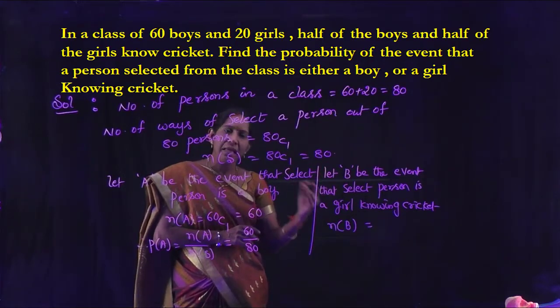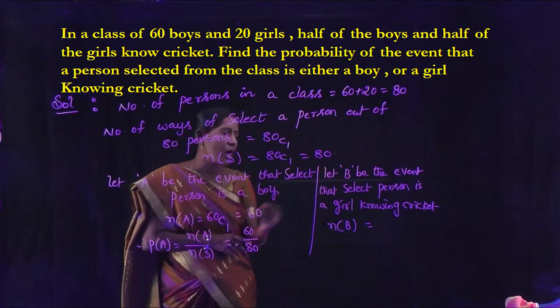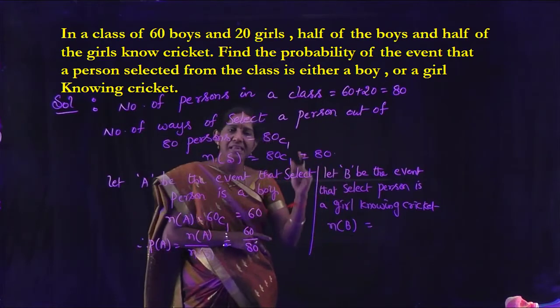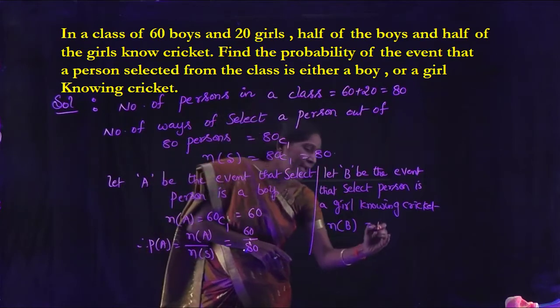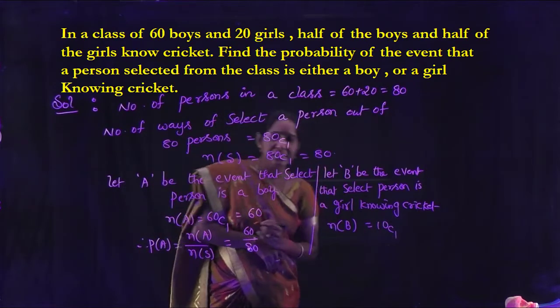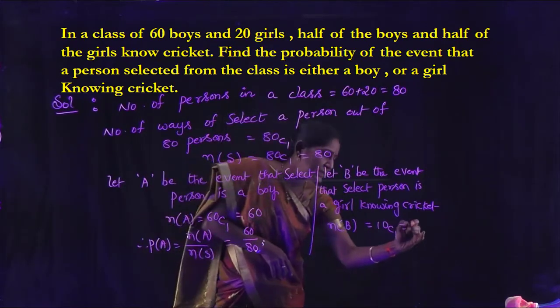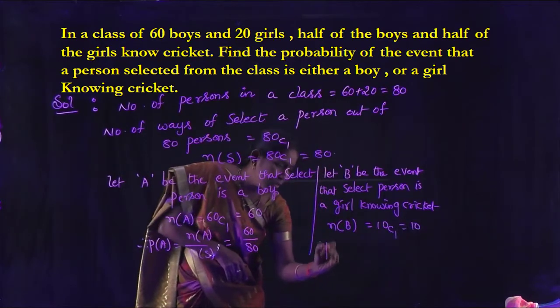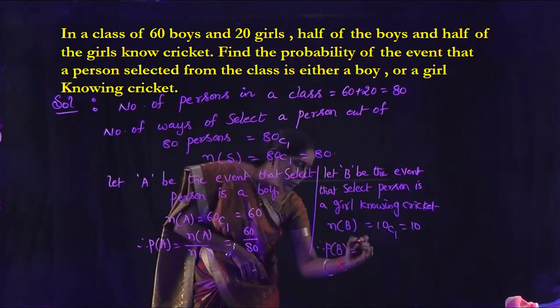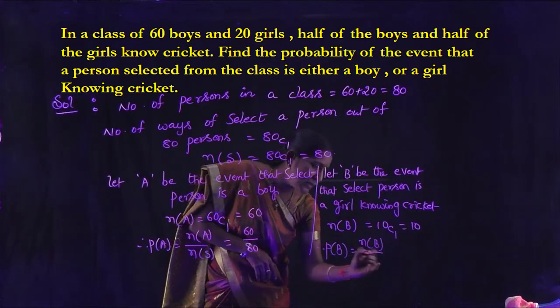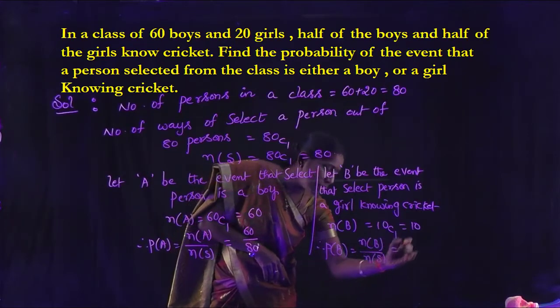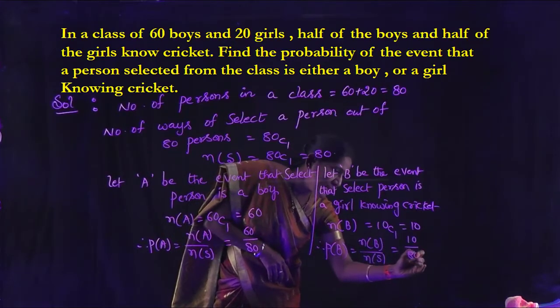That's why 10 girls know cricket. So out of those 10 members, select a girl in 10 C1 ways. That is 10. Therefore, P of B equals N of B by N of S, that value equals 10 by 80.